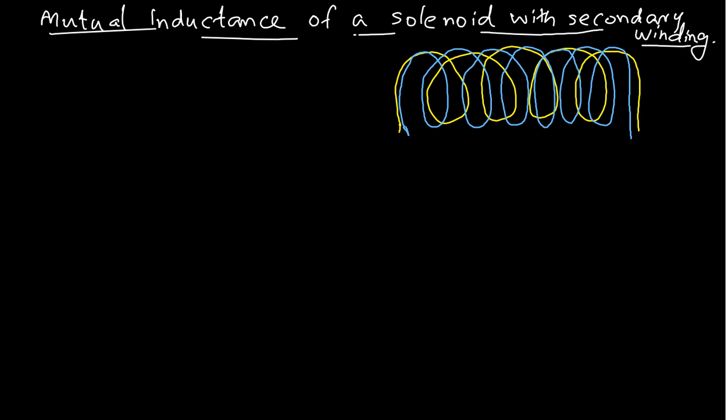Our next topic is mutual inductance of a solenoid with secondary winding. Let L be the length of the primary air core solenoid containing N1 turns.